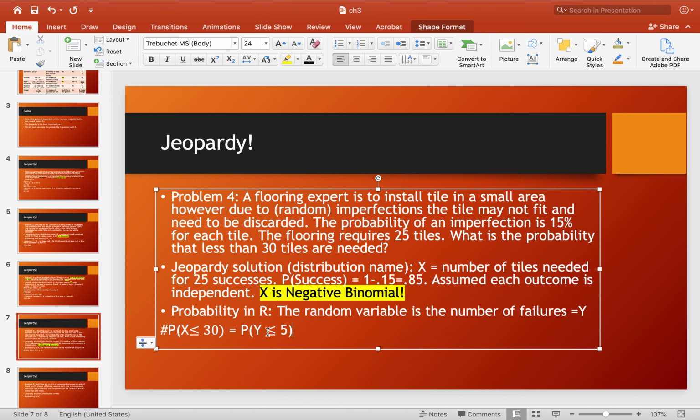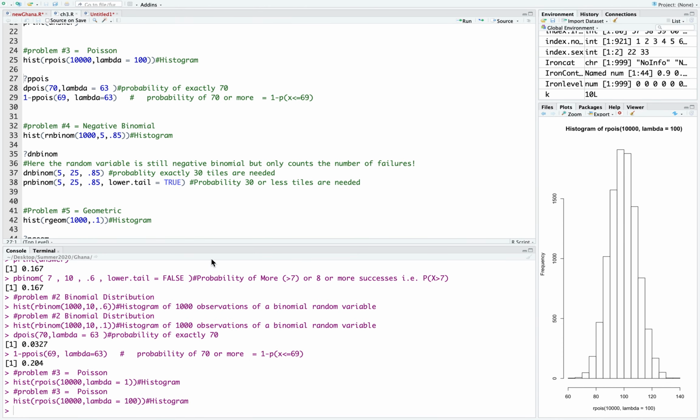So if I have 30 trials, and I need 25 successes, that means I have 5 failures. Okay. And let's compute this in R.